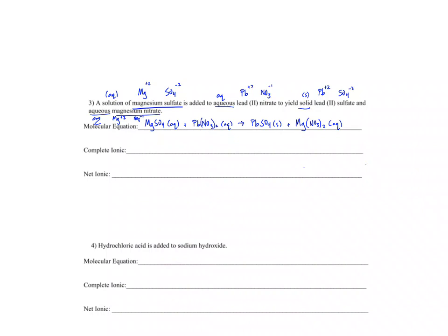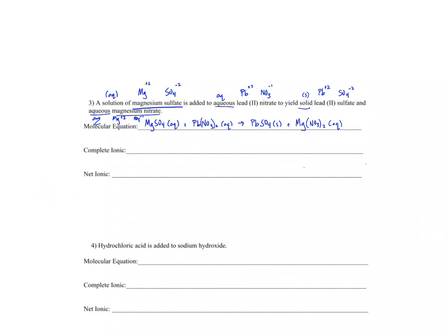So now I want to dissociate all that into a complete ionic equation. I've already kind of done the work for you, and hopefully as you're reading this, you are also making mental notes. These are the ions. If you're writing these along here, then this second part, the complete ionic equation, should come pretty easily.